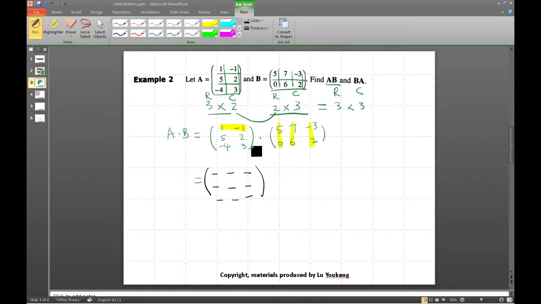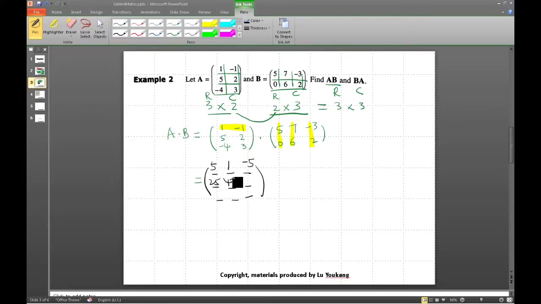So 1 times 5 plus (−1) times 0. Therefore, we get 5. And the second term is from the first row of A, second column of B, and you should get 1. And the third term will come from the first row of A, the third column of B. You will have −5.